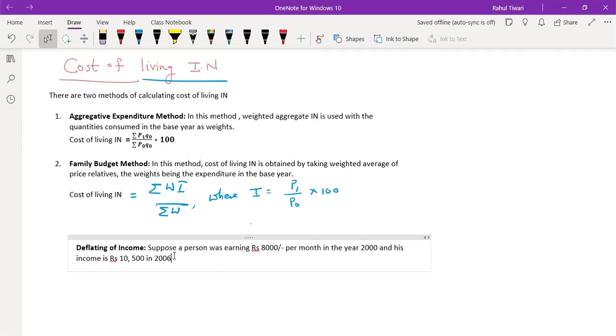That means in year 2000 his income was 8,000, but in 2006 his income became 10,500.